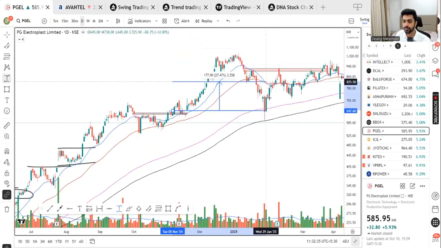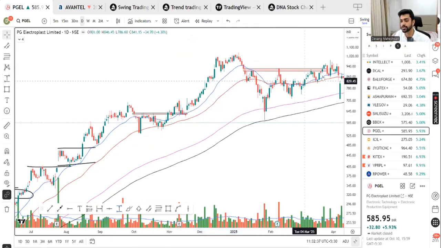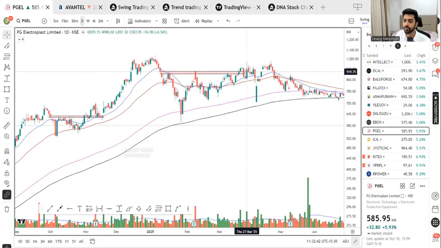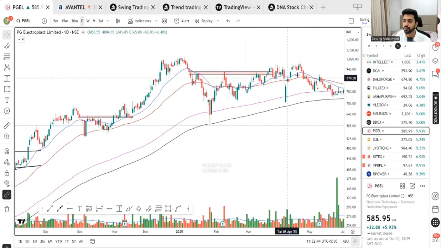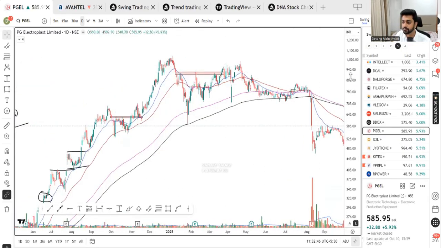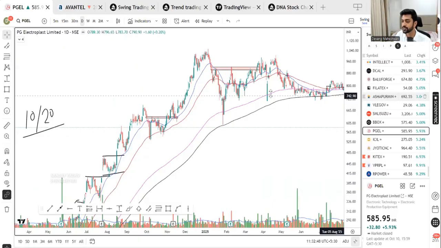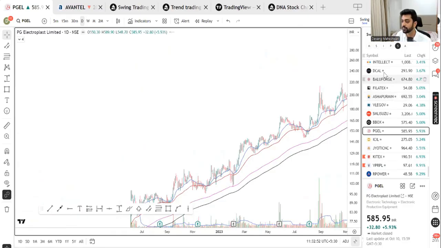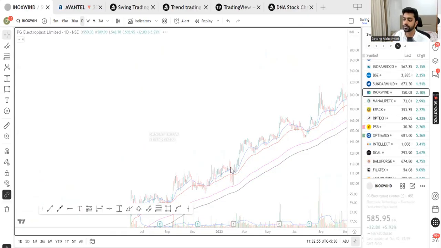Once 60% is fully gone, then it starts sideways movement forming a base, and this is your final breakout. Then it completely changed its trend. Let's see this one.